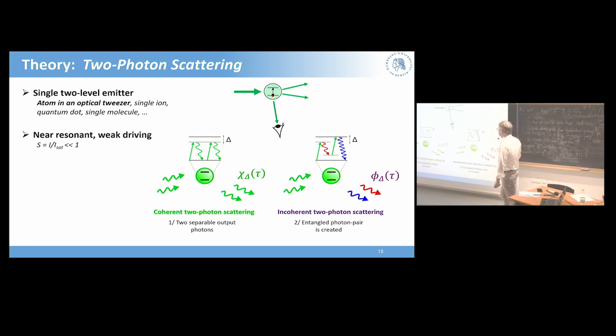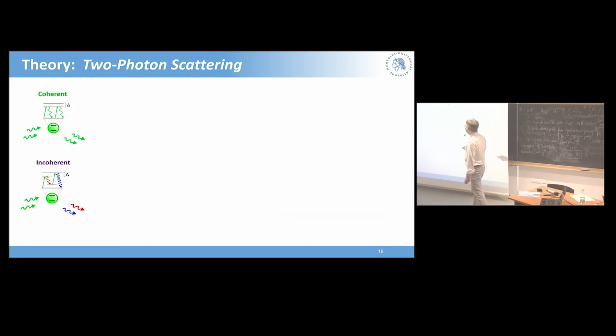And then let me give you the expressions for these two components. For the coherent component, it turns out that this amplitude is independent of the waiting time. It's not surprising. It's uncorrelated photons, so there is no dependence on the waiting time. And we actually have simply a time-invariant amplitude which is given by the rate of coherently scattered photons over 2.